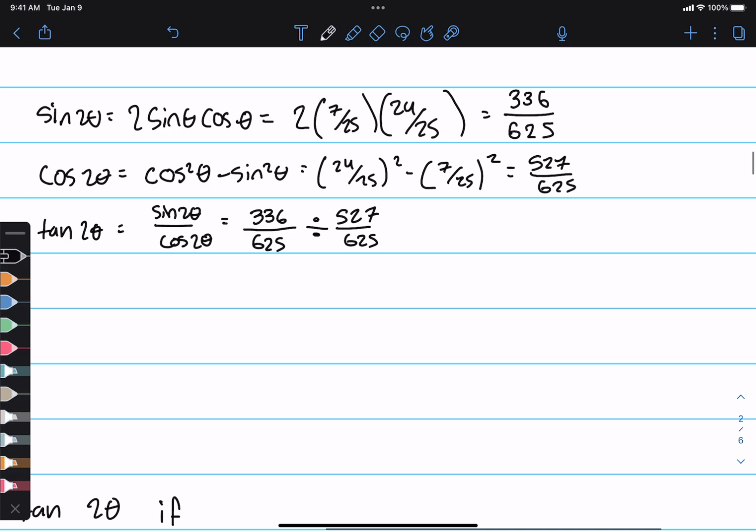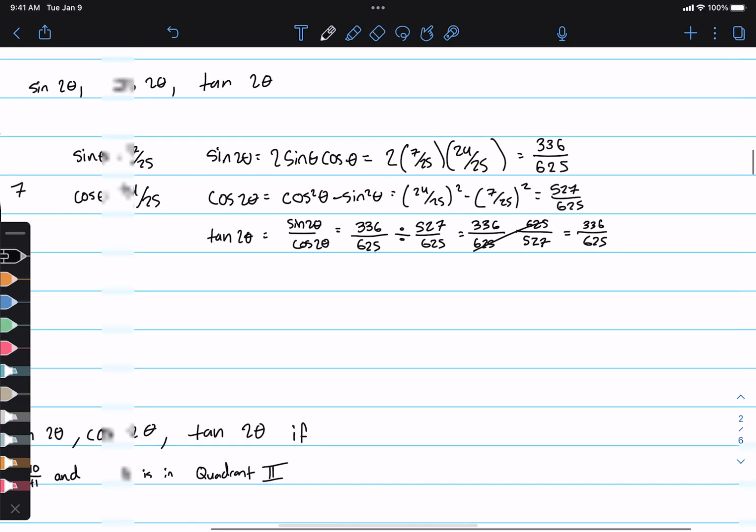And when we divide by a fraction, we multiply by the reciprocal. So this becomes 336 over 625 times 625 divided by 527. These cancel out and we're left with 336 divided by 527. And these are your answers.